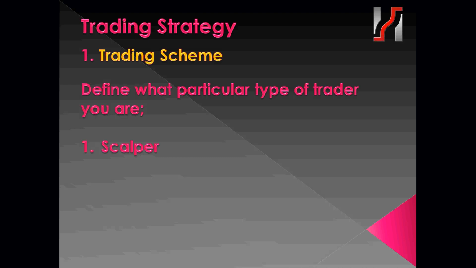There are only three types, to be honest. You can either be a scalper, intraday, or a swing or position trader. So what you need to do today, if you haven't decided yet, is ask yourself, what particular trade are you most comfortable with?